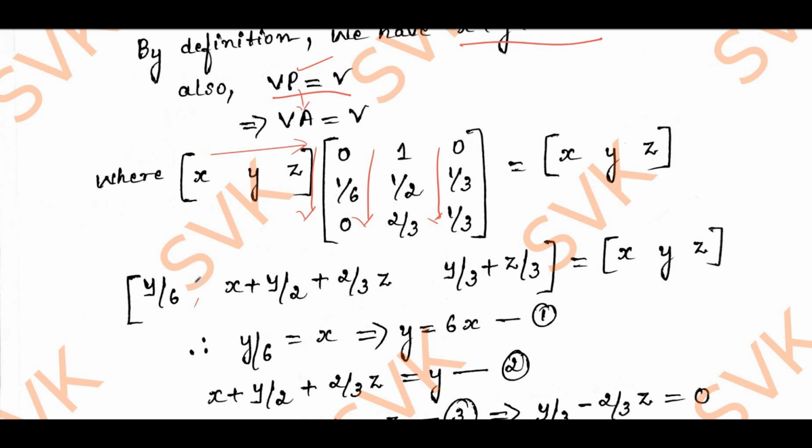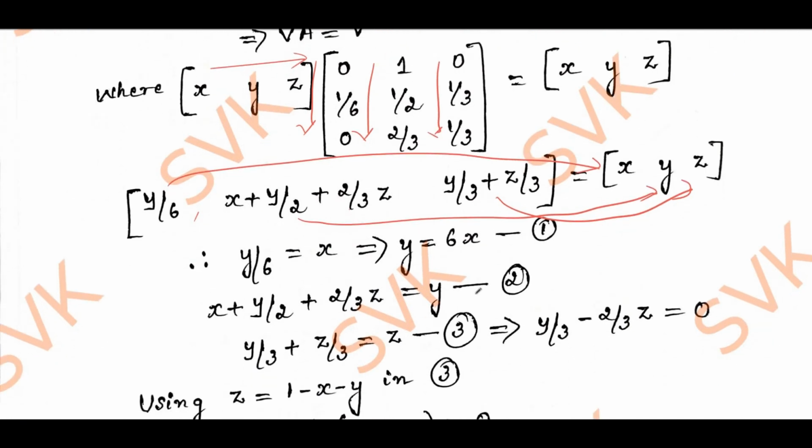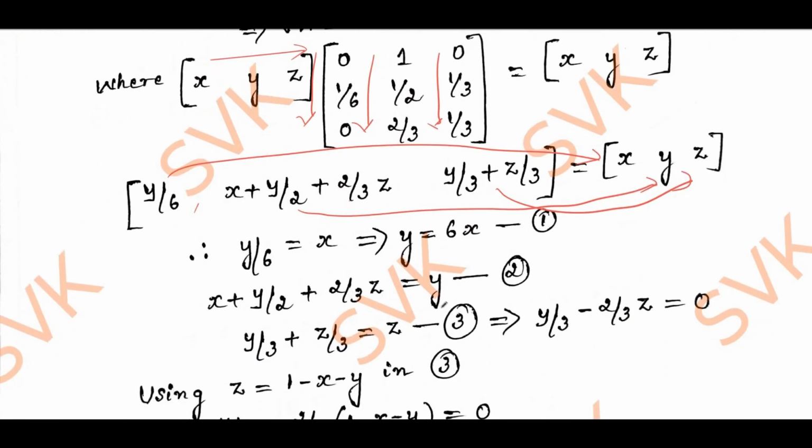Therefore, y by 6 is equal to x. This equation is equal to y, and this value is equal to z. So noting down all these three equations, simplifying them and making sure they are in the normal form, I can make the first equation of the form 6x minus y is equal to 0.